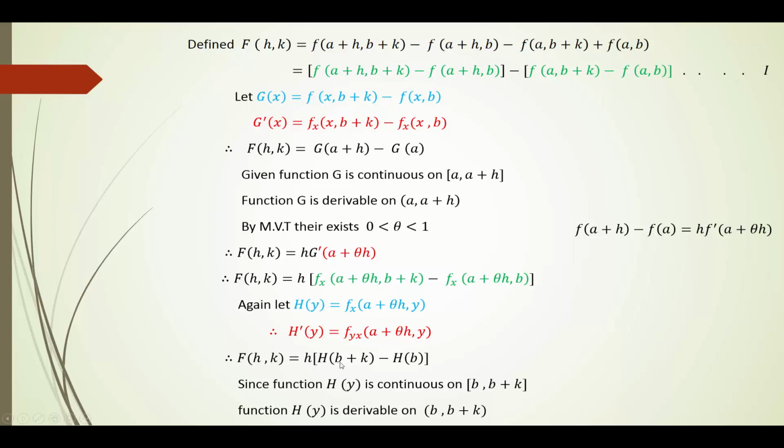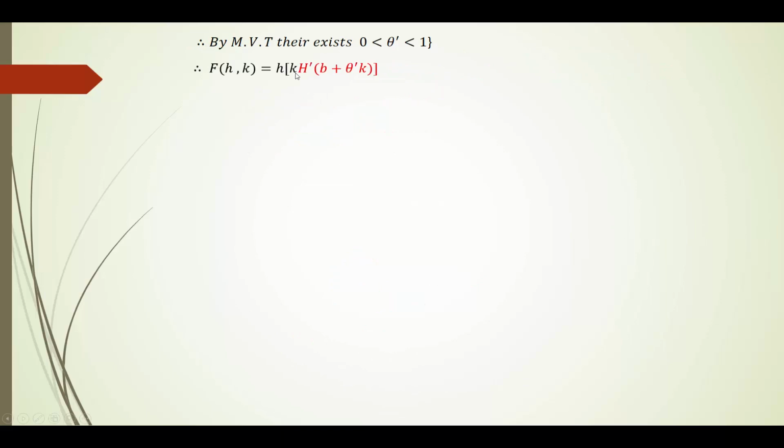Here, instead of the f function, we have h of b plus k minus h of b. Instead of a, here is b, and instead of h, here is k, so it equals k into h dash b plus theta dash k. Instead of theta, we write a new variable theta dash.